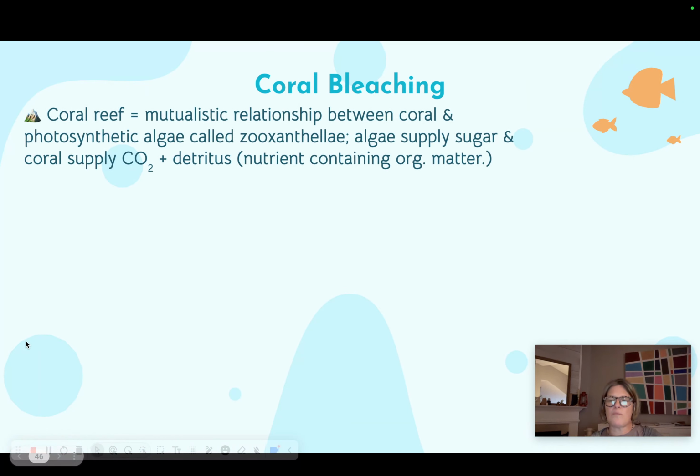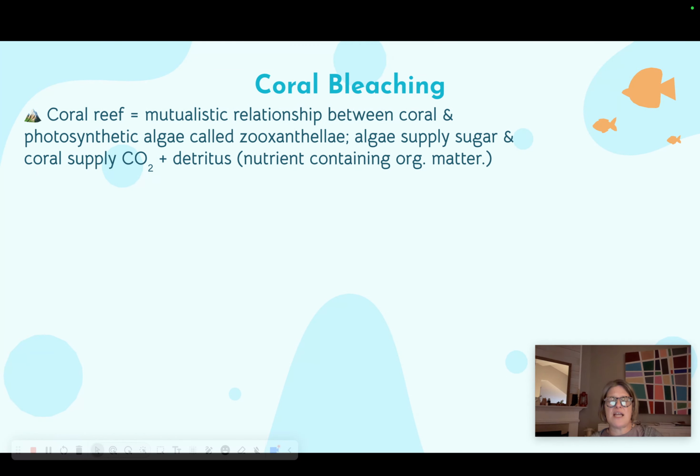All right, so what is coral bleaching? That's a concept that you really need to know. So, a coral reef is basically a mutualistic relationship of organisms. And remember, mutualism is where both species benefit. And so, it's a relationship between coral and the photosynthetic algae that's called zooxanthellae.